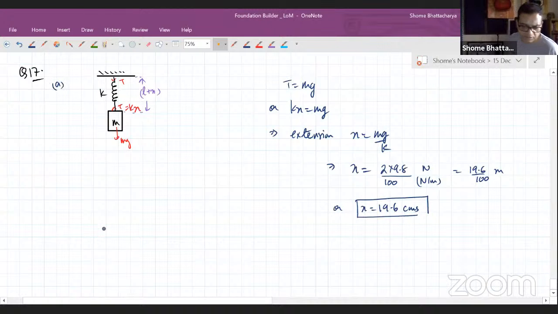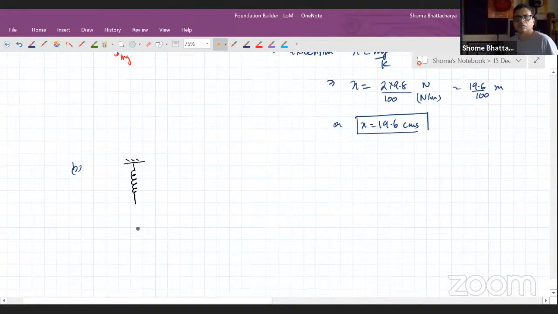Now in the second part in the question, if another 1 kg block is attached, what will be the further elongation? So now what you're doing is, you already got this block of 2 kg, and to that you are attaching another block of 1 kg.